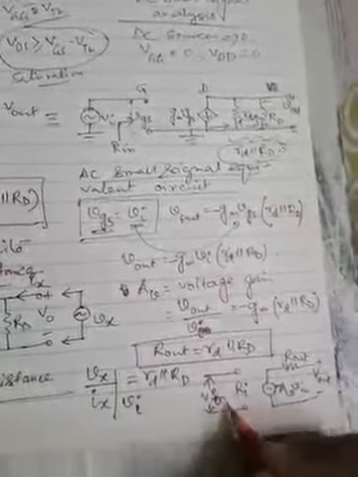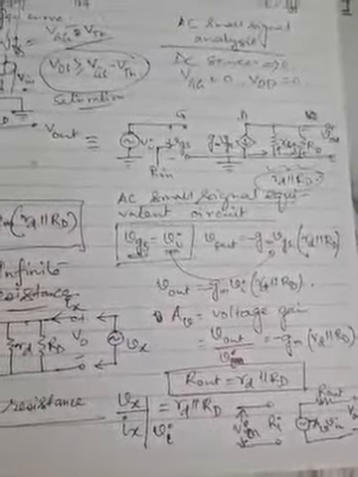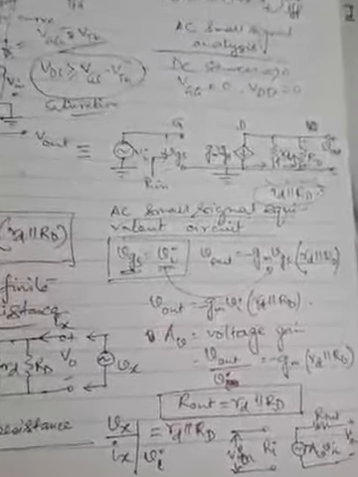That means this Vout is equal to minus AV Vin, where Vin is the input voltage, Vin or Vi, whatever you write. So this is the final equivalent circuit considering all the parameters for which we have found the different expressions: Rin, Rout and AV, the voltage gain. So all this we can have for the discussion of the common source MOSFET amplifier using small signal at low frequency. Thank you.